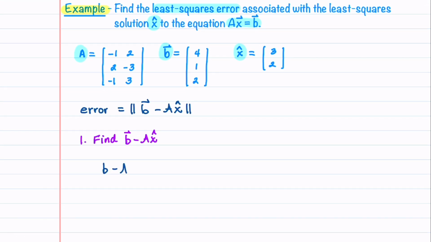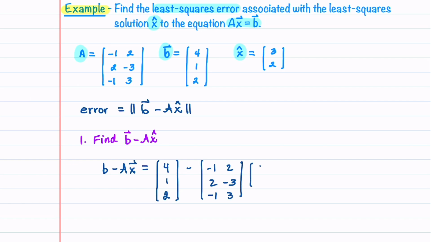b minus A x hat is our vector b, that's 4, 1, 2, minus our matrix A, times our vector x hat, which is 3, 2.